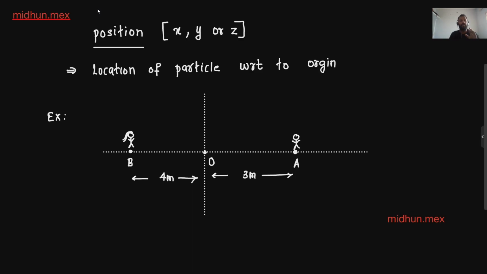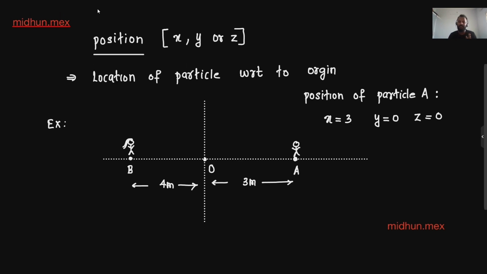Now if you are asking me what is the position of particle A, you need to say only one thing. Particle A is located on where? X-axis. Therefore I can say X coordinate will be plus 3, Y coordinate will be 0, Z coordinate will be 0. When you write like this it is called position.